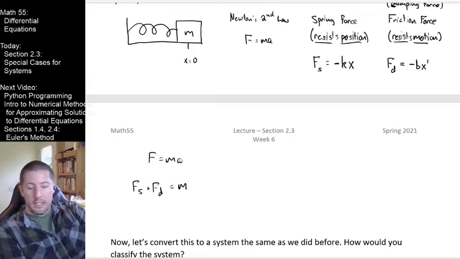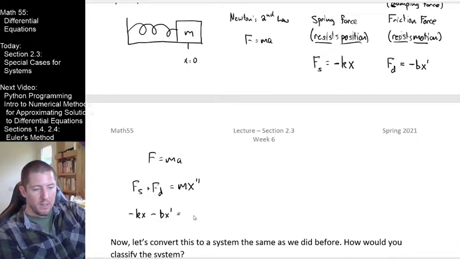Our mass times acceleration, which we know is the second derivative of position. Right? Now we can write out the whole thing here, which is negative kx for the spring force, negative bx prime for the damping force, the friction force, equals mx double prime, our mass times acceleration.